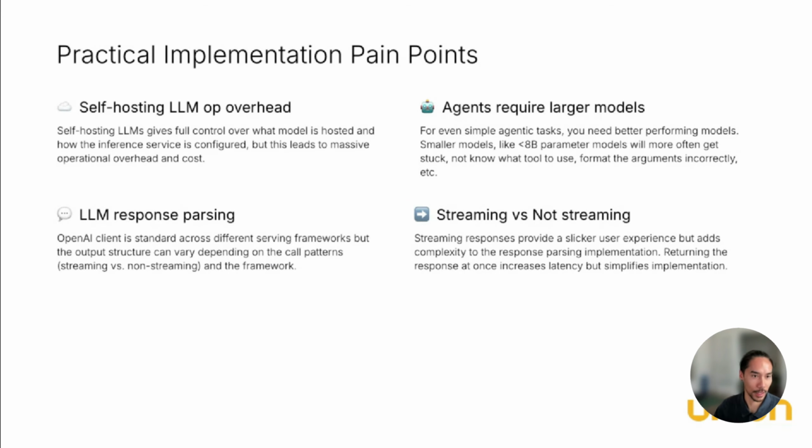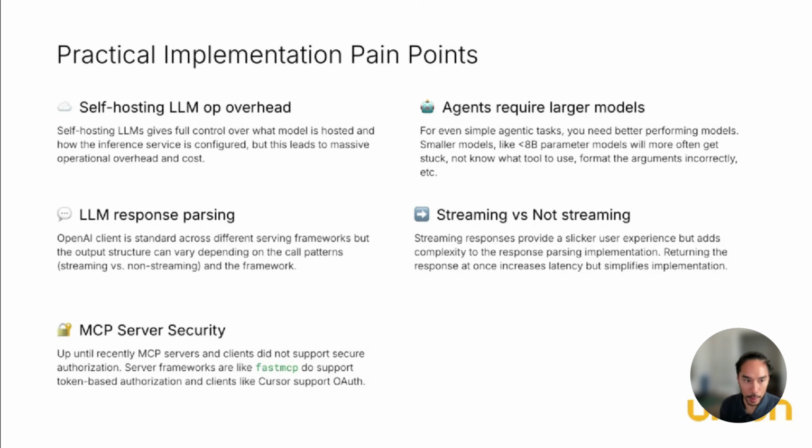I can speak more to the trade-offs there if people are curious. And then there's MCP server security. Up until recently, MCP servers and clients did not support secure authorization, but I think that is starting to roll out from what I've seen of late.